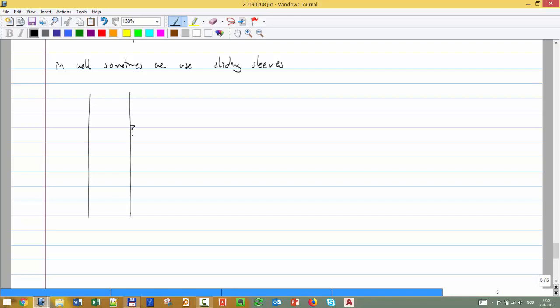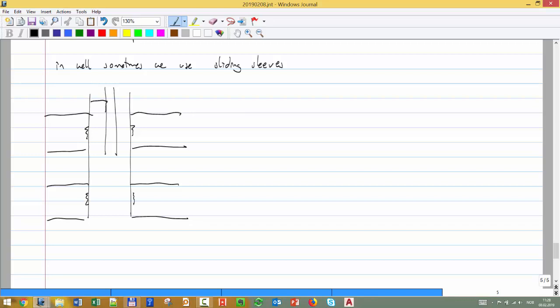I make some perforations to access the formation. But then I send in the pipe, and what I do is that I isolate. I put some sort of a packer, some sort of a seal to isolate that formation. And actually on this one I don't have to put a packer.